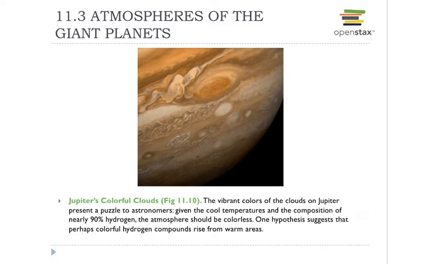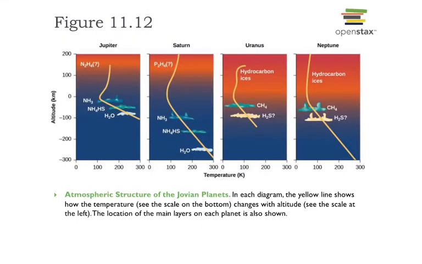Let's discuss a little bit about the atmosphere of the Jovian planets. Here we see an image of Jupiter's cloud layers. When we're looking down on Jupiter, we don't really see the surface. There's a thick concentration of cloud layers that blends in with the atmosphere. Here is a breakdown of the atmosphere for the four Jovian planets, with slight variation in the composition.